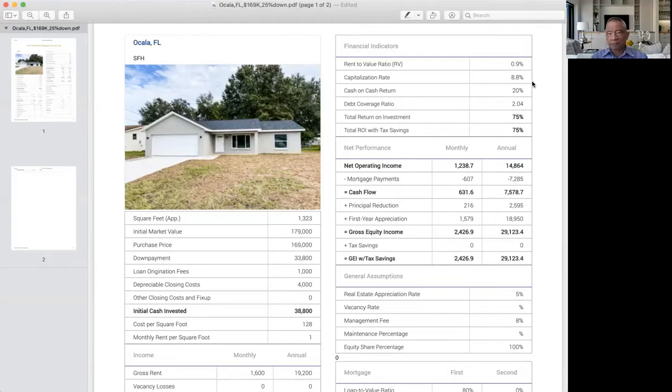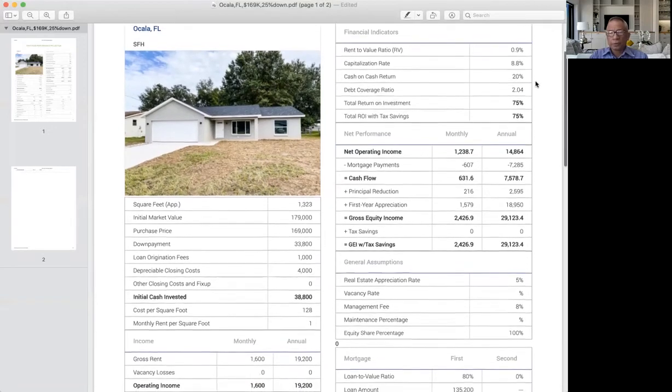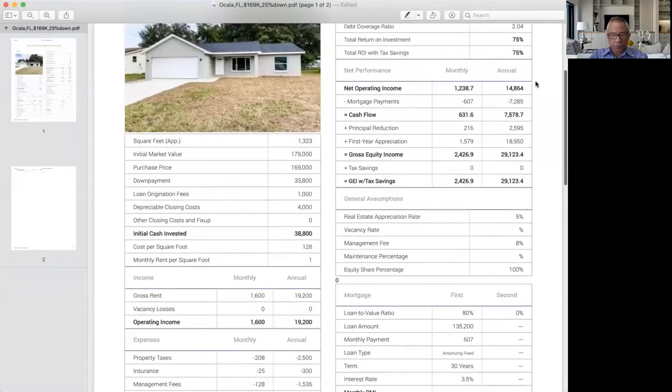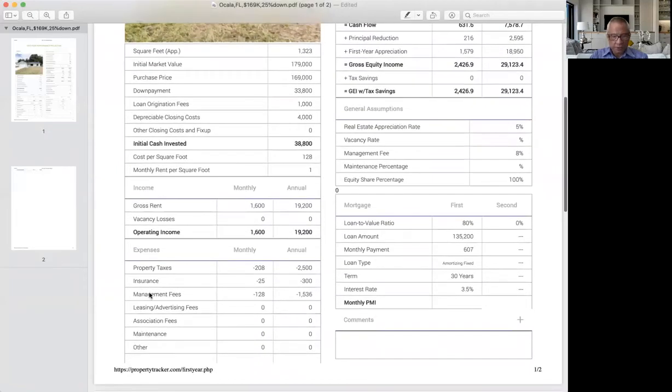The next thing I want to talk about is the capitalization rate, which in this case is 8.8%. That is very significant, way higher than the 5% capitalization rate benchmark. So again, how do you calculate capitalization rate? You calculate the annual net operating expenses, which are down here: your taxes, insurance, property management fee, and all those things.